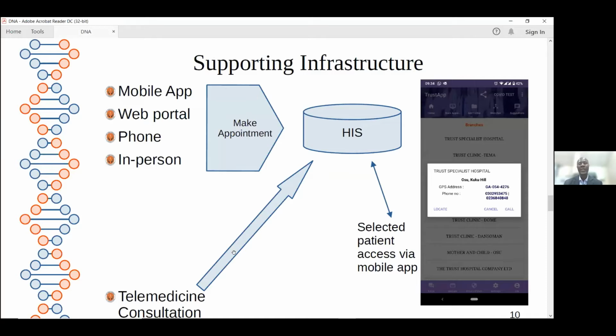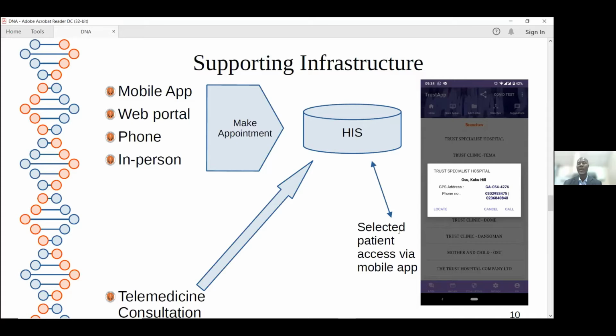With a mobile app and all the other facilities that support client interfacing with us, they can make an appointment. All of it goes into our central health information system. When there's a telemedicine consultation, from wherever the physician is, he can also log into the health information system.